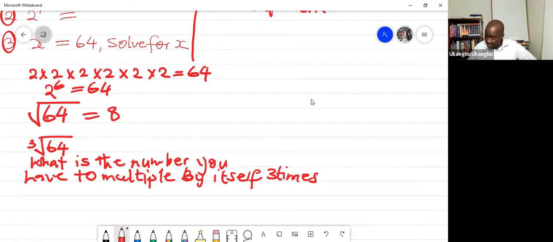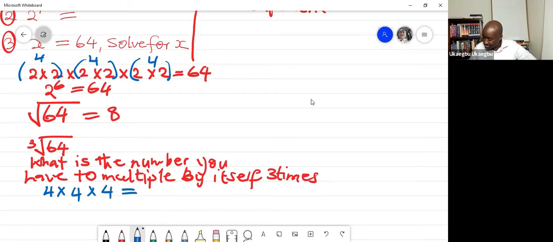Now, if we look at the first one we did and group it, we are going to get 4, 4, and 4. So if we multiply 4 times 4 times another 4, that should give us 64. 4 times 4 is 16, then 16 times 4 is 64.